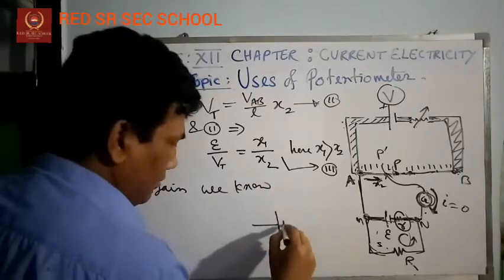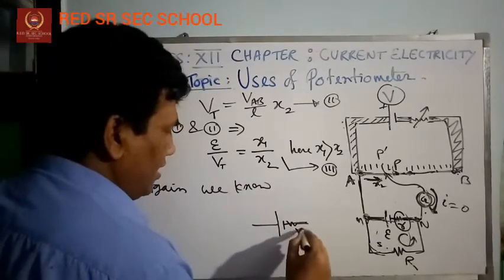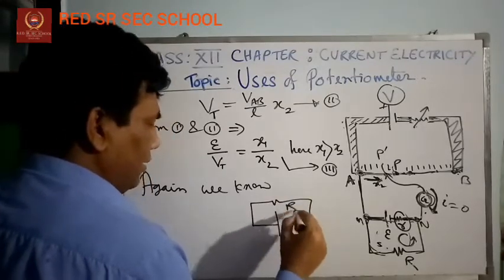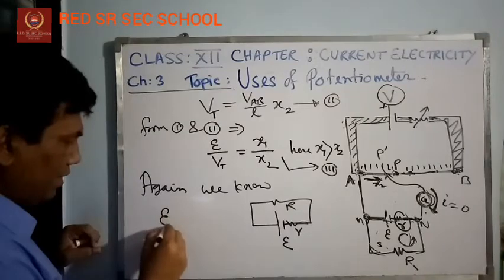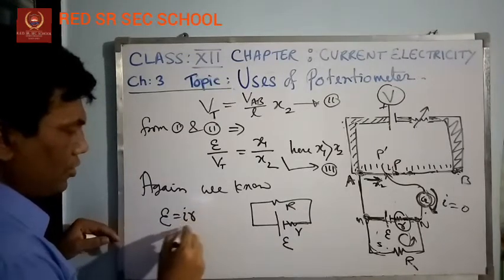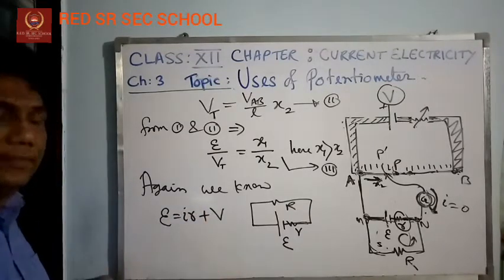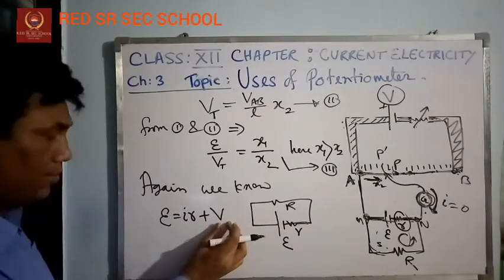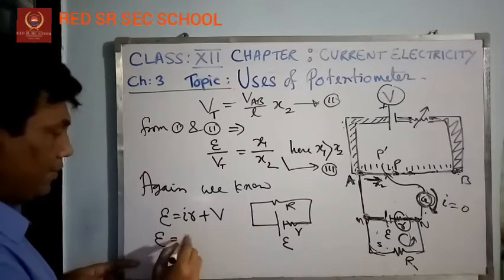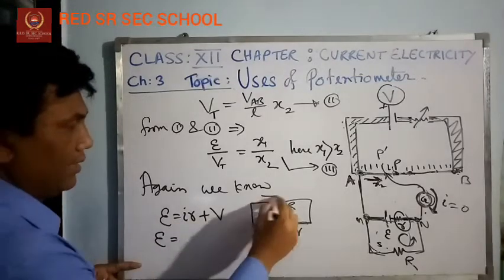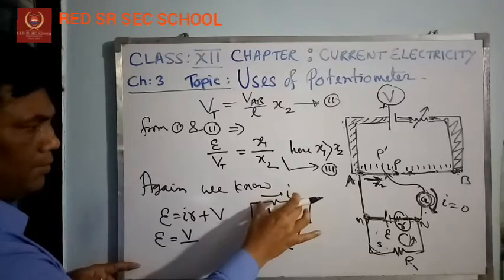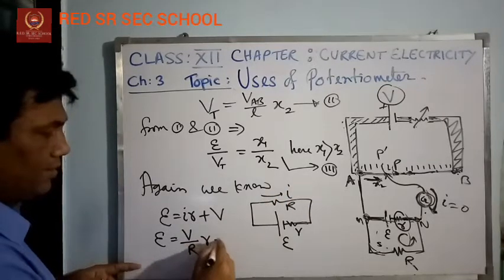Say this is a cell, this is the internal resistance and that is the external resistance. For this circuit, total EMF equals the voltage drop inside plus the voltage drop outside. And the current I can be written as terminal voltage divided by R.